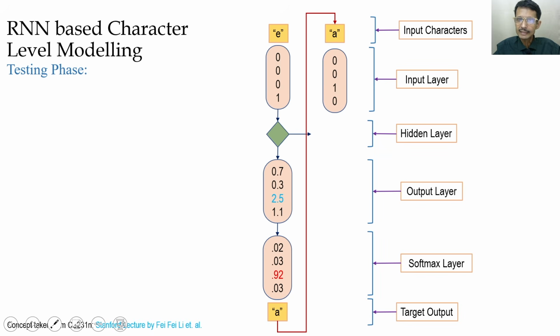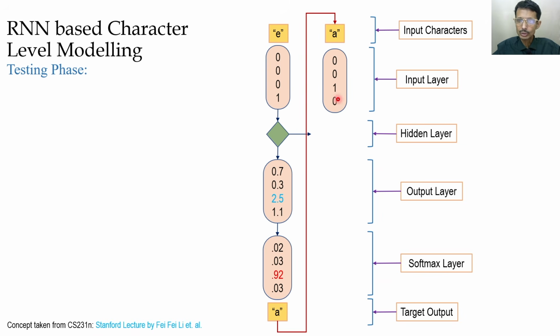Now this is the testing phase. This A goes as the input to the next step, because please understand that there are no external inputs here, so this output becomes the input.